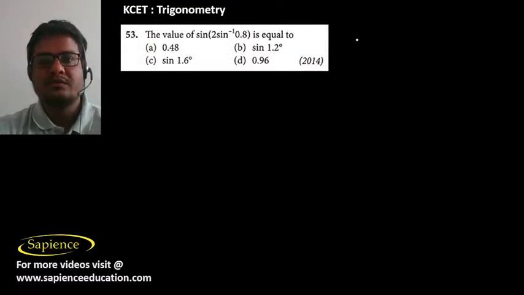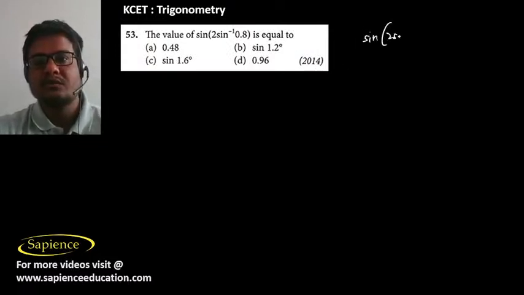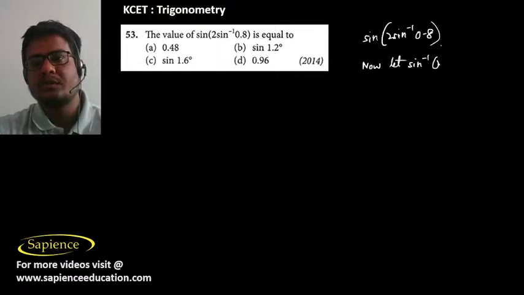Then we have to find the value of sine of 2 sine inverse 0.8. Now let us take sine inverse 0.8 equal to theta, suppose.